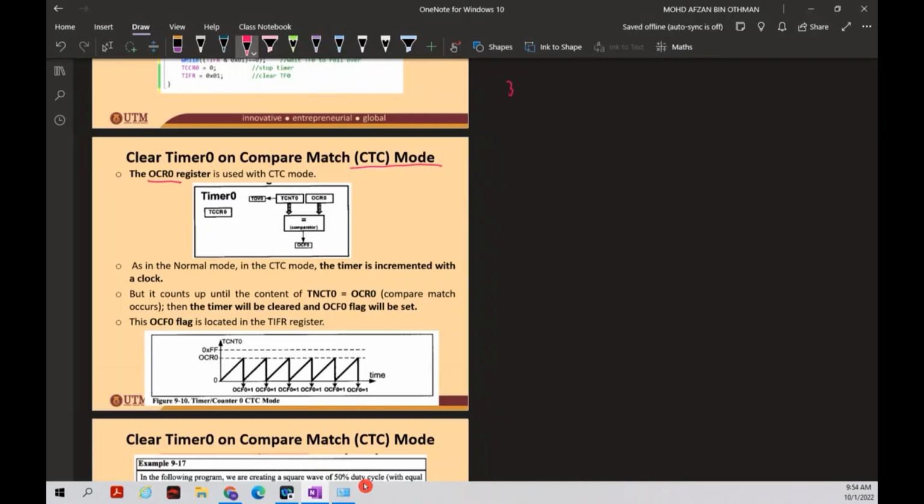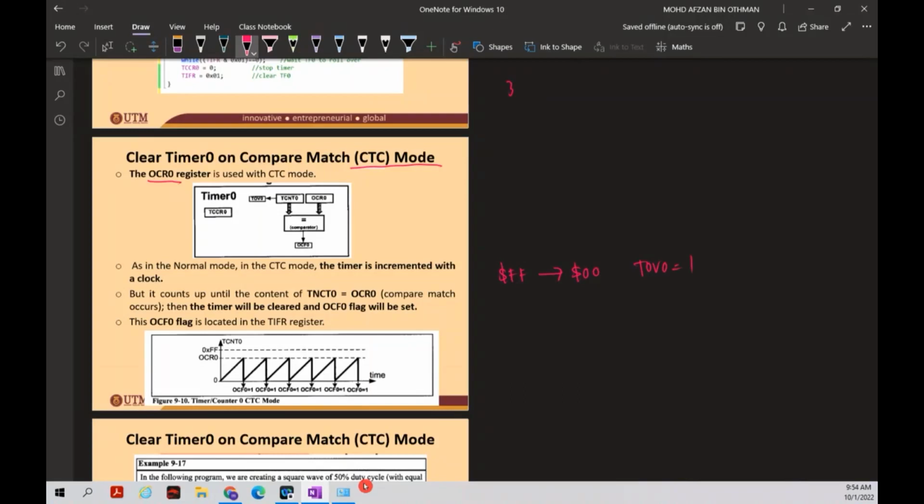As in the normal mode, in the CTC mode the timer is incremented with a clock. Every time you give a clock impulse, the timer will keep increasing. It counts up until the content of TCNT equals OCR0. Previously, when overflow happened, the value rolled over from FF to 0, and the TOV0 would be set.